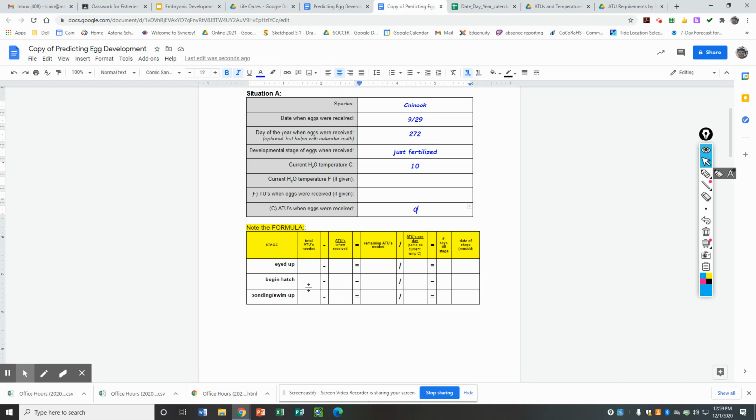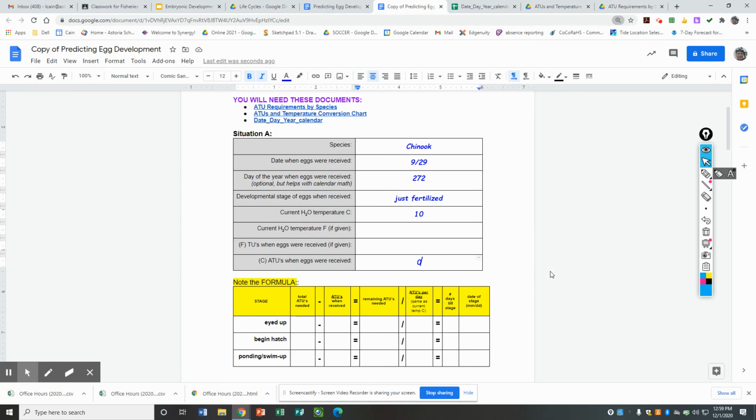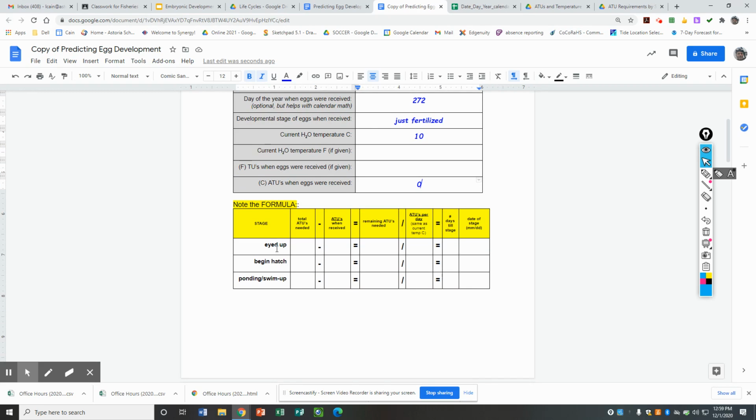So notice the formula down here now. In this next section, we've got the stages of eyed up, beginning to hatch, ponding and swim up, and then we've got this formula. Total ATUs needed minus the ATUs when they're received equals the remaining ATUs that are needed to get to the stage.